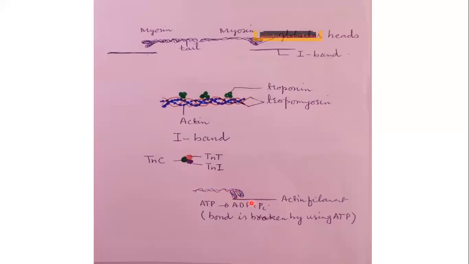It is only the actin filaments which slide past the myosin filaments, and once the bond between the myosin head and the actin filament is broken, the actin filaments go back to their original position. So the formation and breakdown of cross bridges occur again and again during the sliding of the filament or during muscle contraction. So this is all about the sliding filament model of muscle contraction.